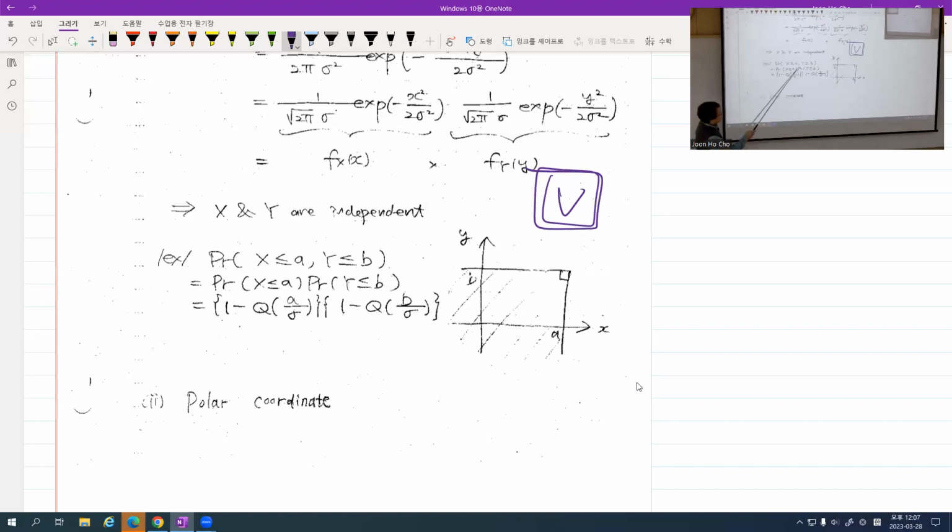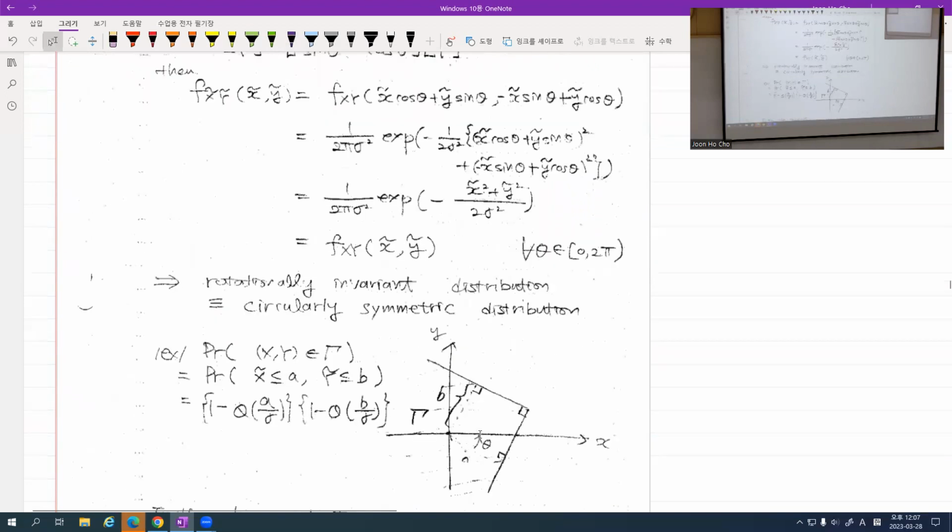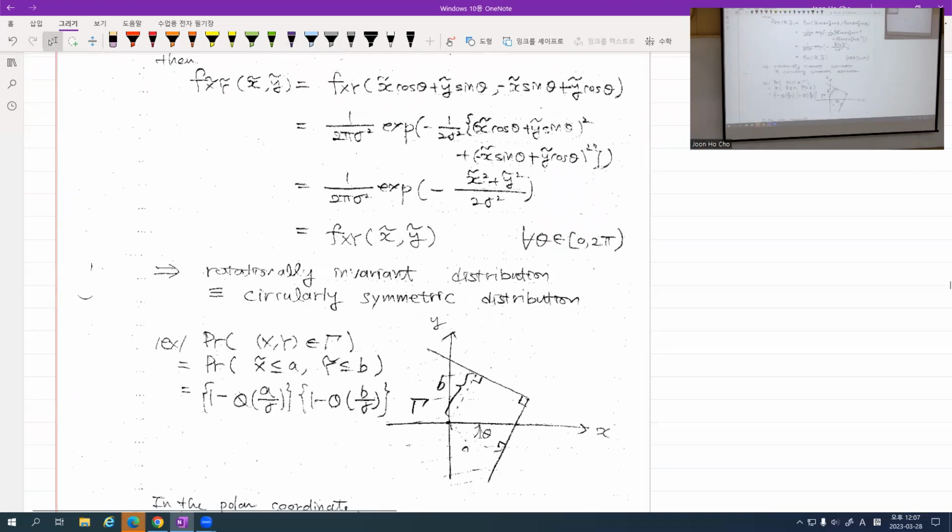And similarly, the second factor can be written as 1 minus Q of b divided by sigma. Got it? In polar coordinates, this is complicated, but sometimes we can use rotational symmetry.